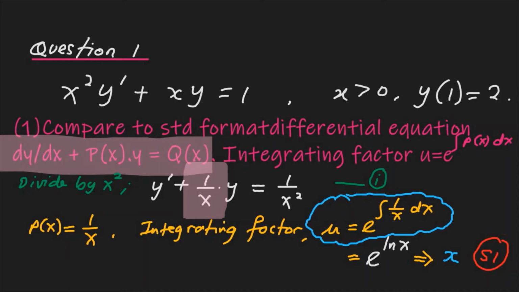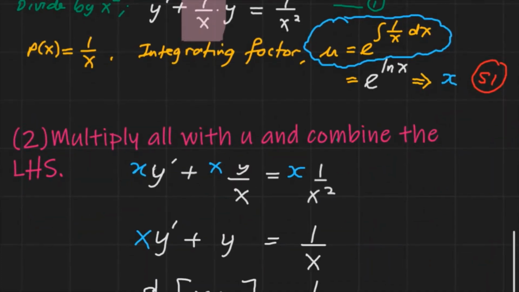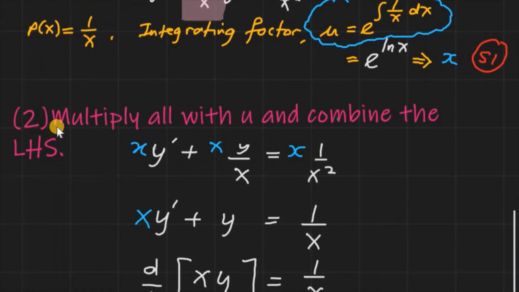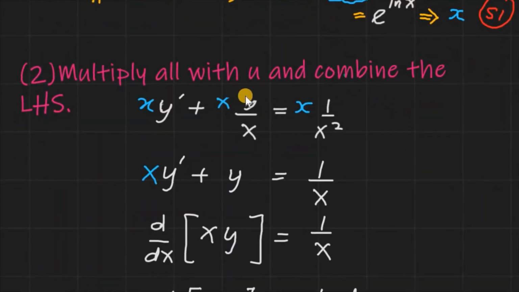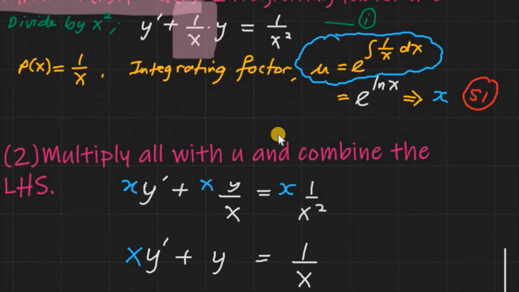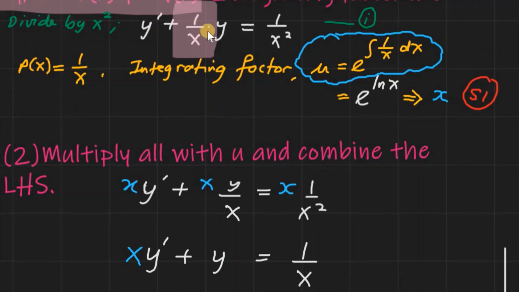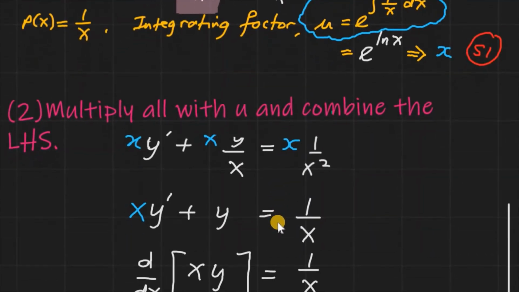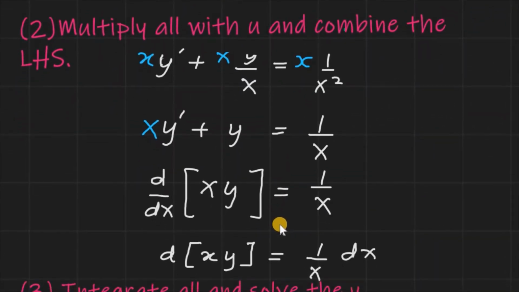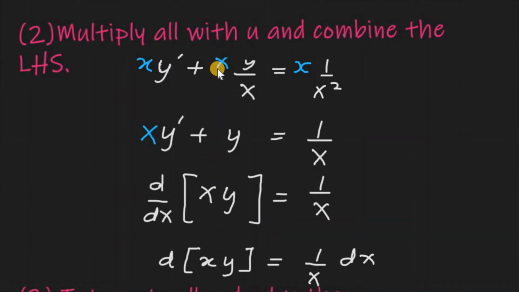Next, step number 2. After we have got the integrating factor, which is x, you are to multiply everything in this equation by the mu, or the x in this case. So we multiply here with the x, and multiply x there. Then we simplify and combine the left-hand side. Here x times 1 on x becomes y.